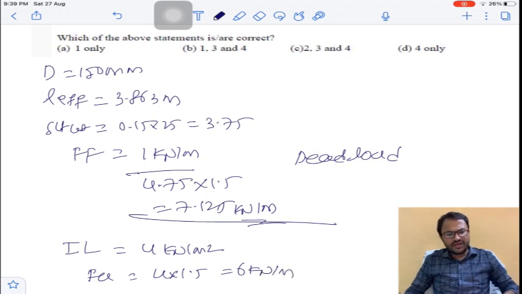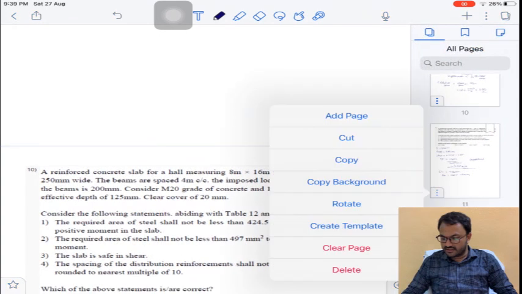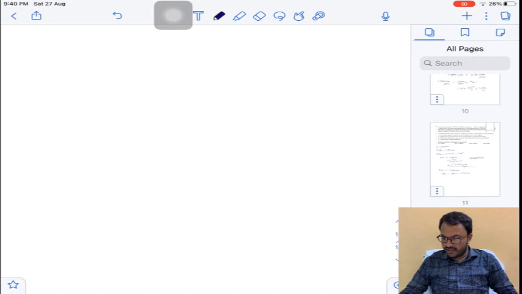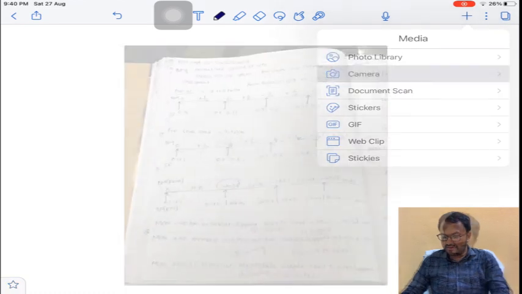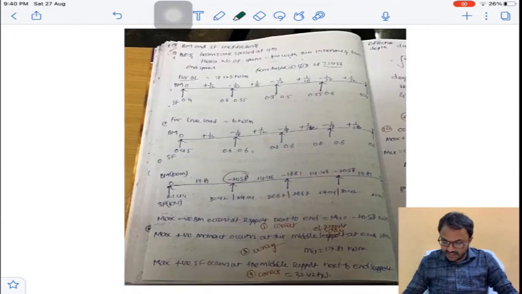So now you can see here I have calculated the dead load as well as live load. In a separate page you cannot write all these things, so I am explaining in this diagram. This is for dead load.